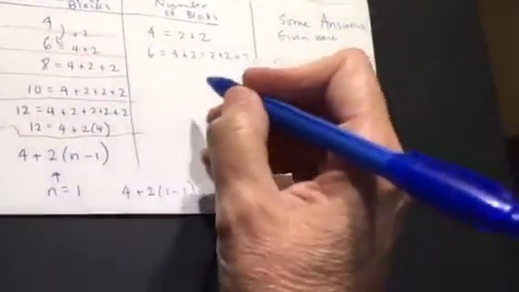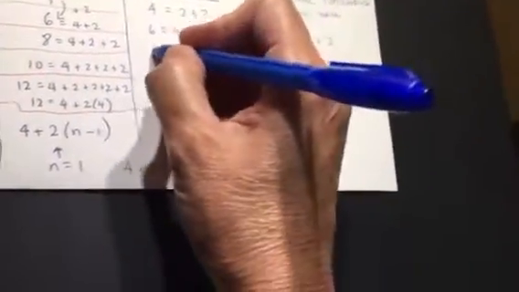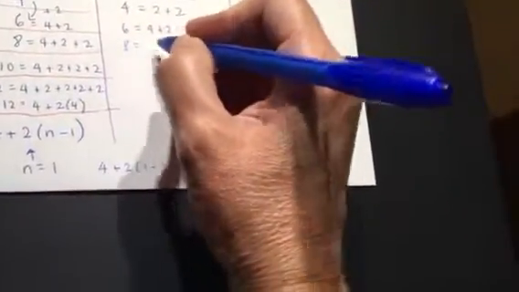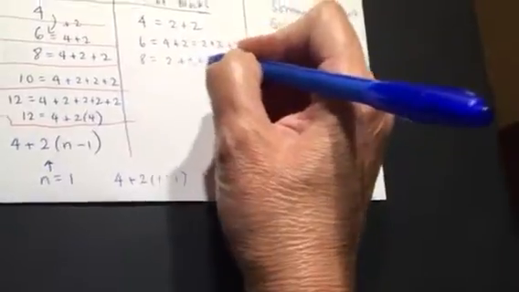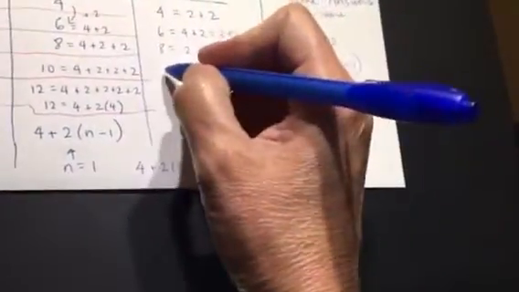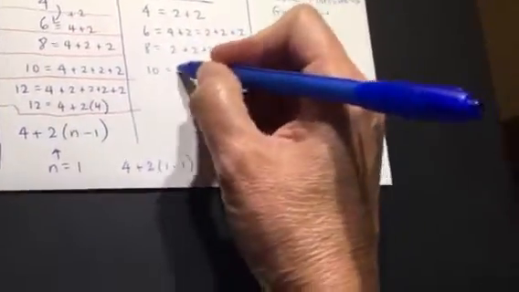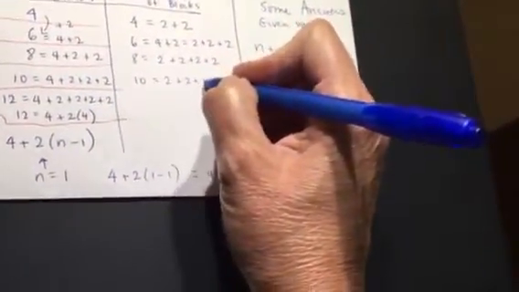And then 8 for figure 3, well, that is 2 plus 2 plus 2 plus 2. And then for figure 4, you got 10, and that's 2 plus 2 plus 2 plus 2 plus 2.